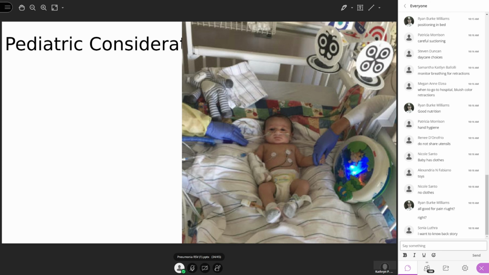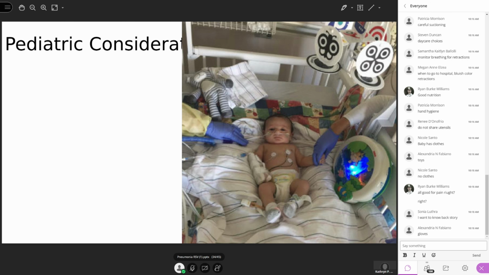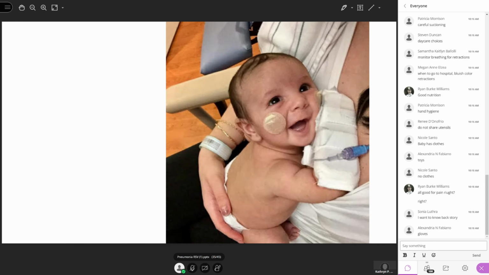I see protection on the baby's face for the oxygen tubing. Okay. I see protection for the IV. So if you look at the baby's right arm, the IV's there, but there's an arm board to protect the IV. Oh, bubby. Because this is what we want. We want a baby at the end to be happy.